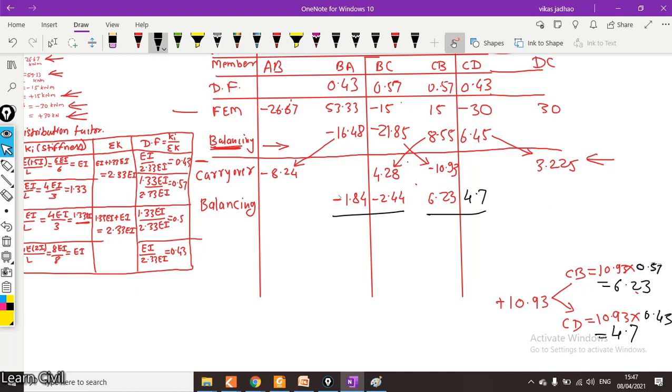Okay, now you can see here, we are applying some moment again at this joint B. So some of the moment will be transferred here, and this moment will be transferred here.